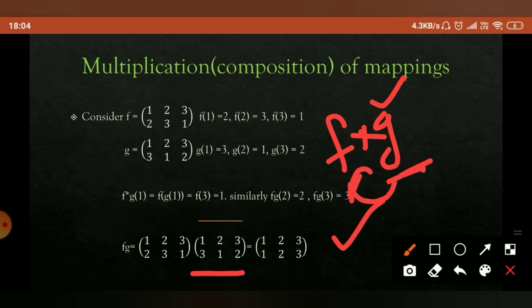It's the opposite way. F is written in the first place, but we see the image under G first of all. So here you can see this is the product of these two mappings. First we see the image of 1 is 3 and the image of 3 is 1, so the image of 1 is 1. You have to compose these two mappings in this way.